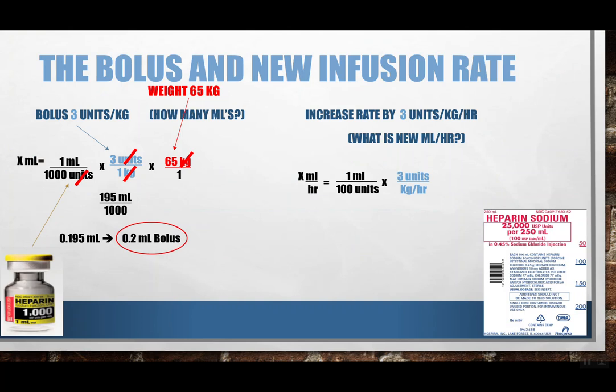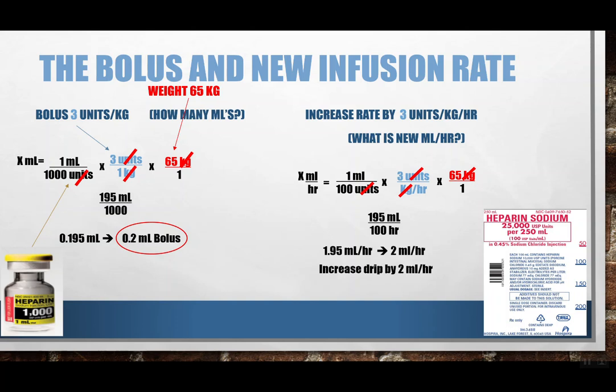So I'm going to pull in from the new question 3 units per kilogram per hour, canceling that out. Now I have mils on top, but I also have kilograms per hour on the bottom. So I bring in the patient's weight again to be able to cancel it out to leave mils on top and hours on the bottom. 195 mils per 100 hours, which gives us 1.95 mils per hour, so 2 mils per hour.